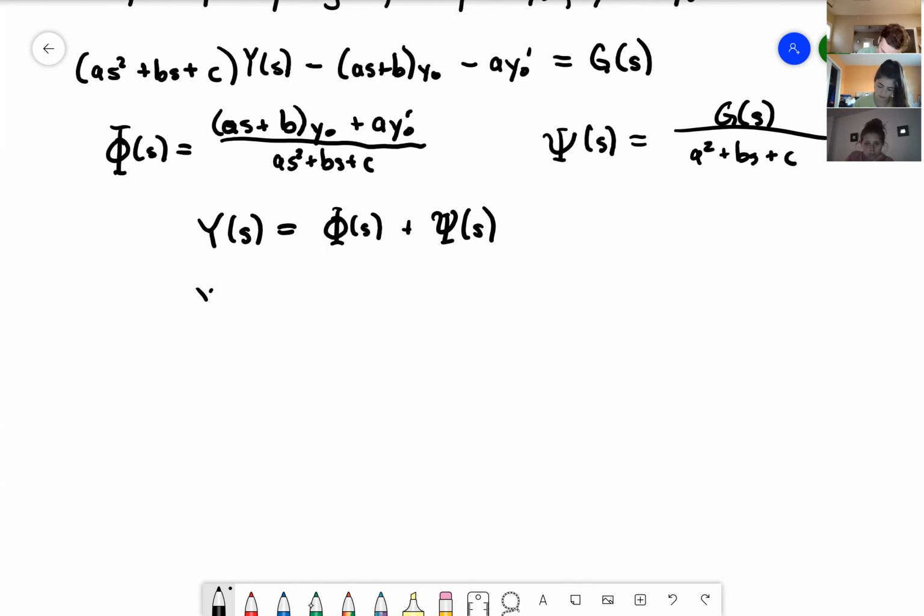So our solution must be phi of s plus psi of s. Now I'm using the lowercase Greek letters to represent the inverse Laplace transform. I should write that out. Sorry, it should be in terms of t.